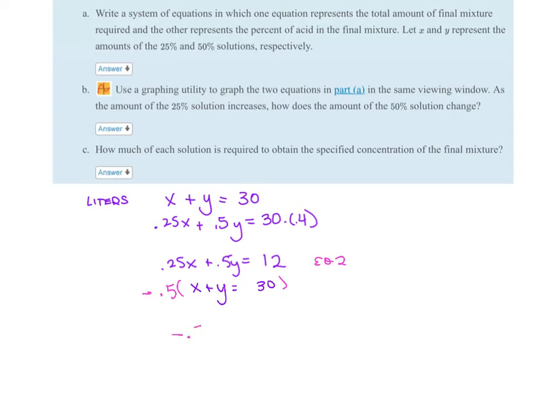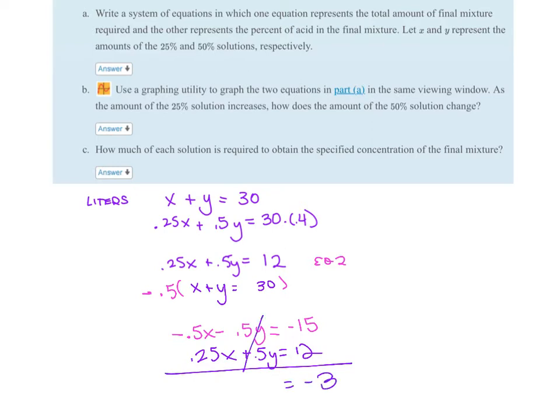So this is negative 0.5x, negative 0.5y equals negative 15. Okay, so it's my new equation there. So 0.25x plus 0.5y equals 12. So the y's will cancel.